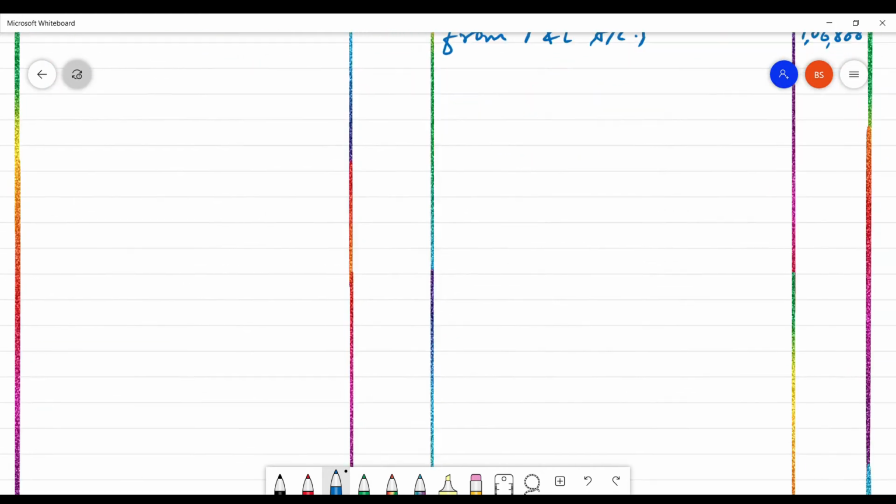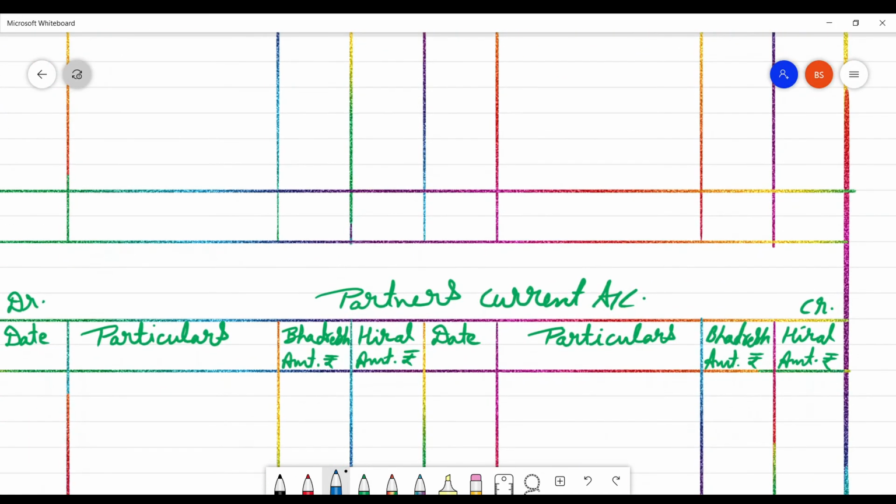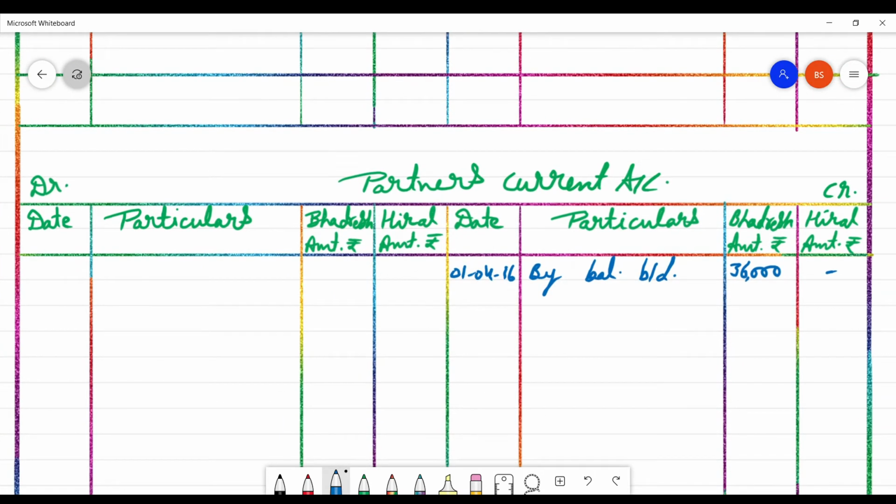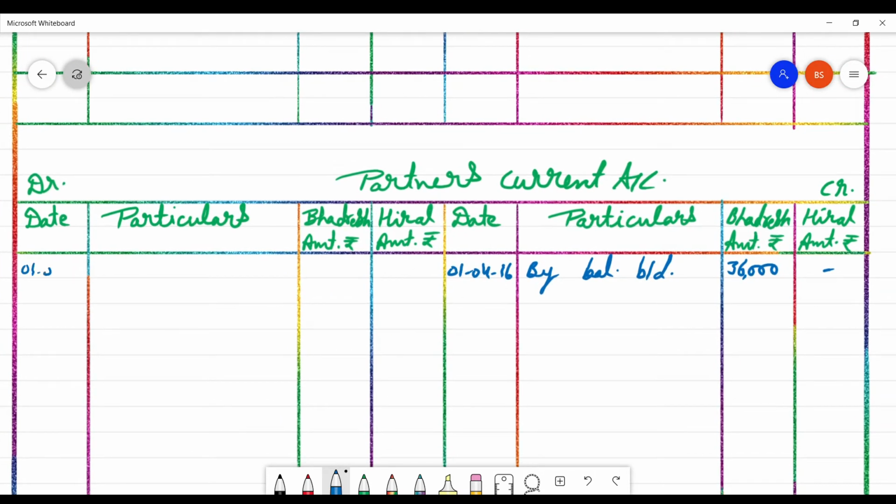So we will write down in the current accounts credit side given date 1/4/2016 by balance brought down in the Bhadresh column 36,000 and debit side of the partner's current account same date 1/4/2016 to balance brought down in the Hiral's column 24,000. After that we will write down the drawings.